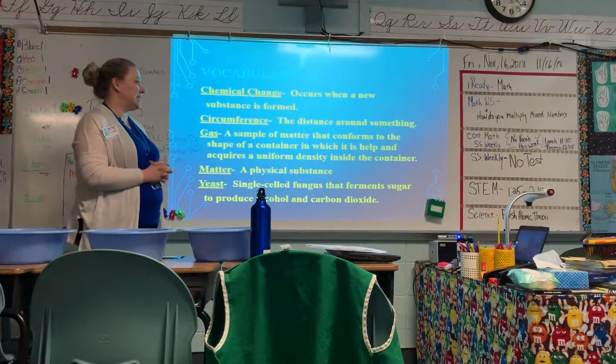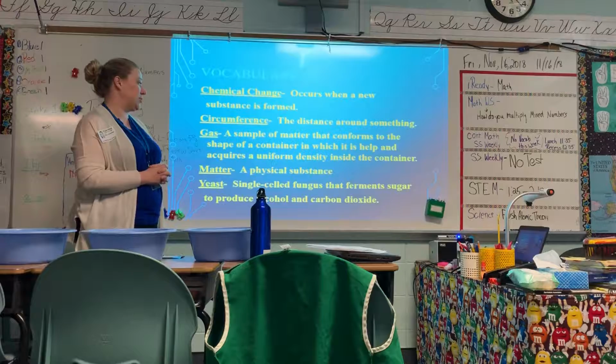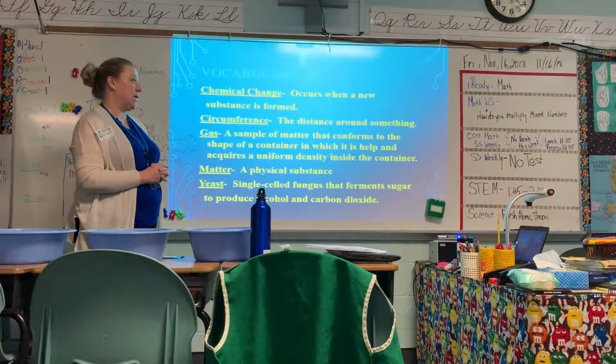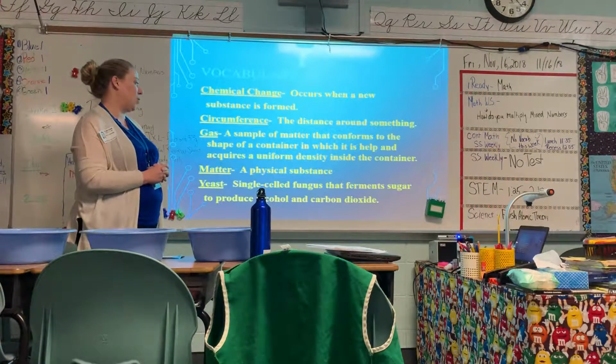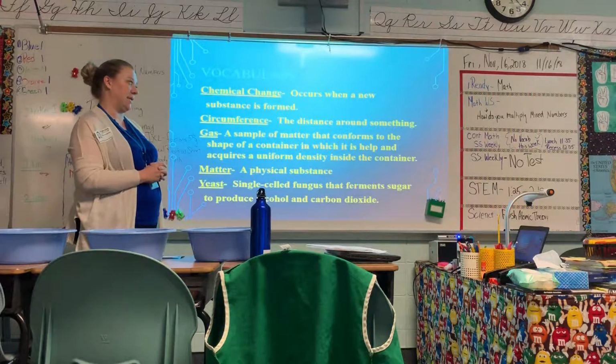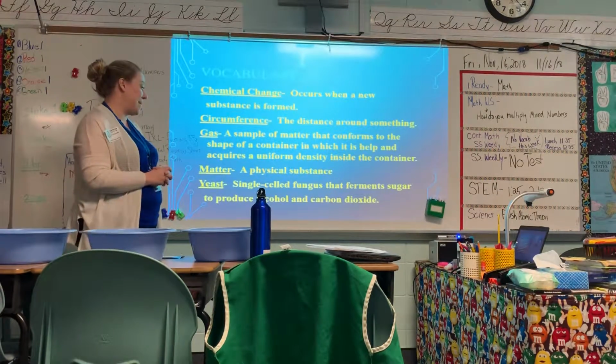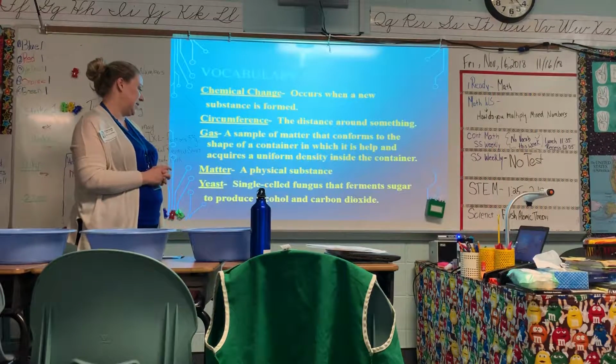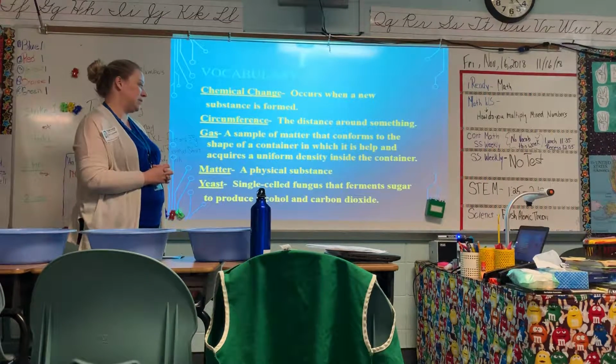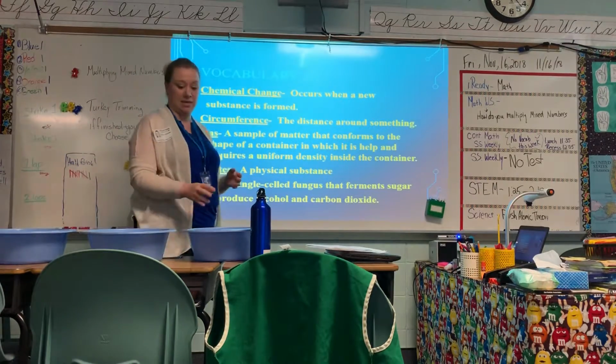We have gas, a sample of matter that conforms to the shape of a container in which it is held and acquires a uniform density inside the container. We also have matter, a physical substance, and yeast, a single-celled fungus that ferments sugar to produce alcohol and carbon dioxide.